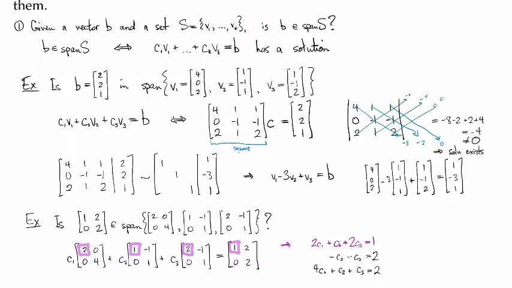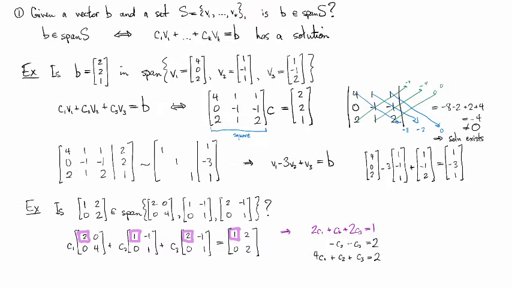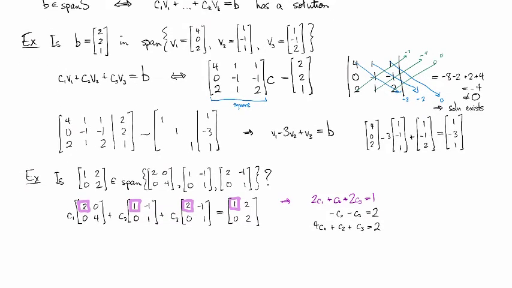And so now we've got this question about matrices converted back into a question about linear systems. And so now we can solve these in any of the usual ways. So for example, look at the augmented matrix with rows 2, 1, 2, 1; 0, -1, -1, 2; 4, 1, 1, 2, and see about row reducing it.